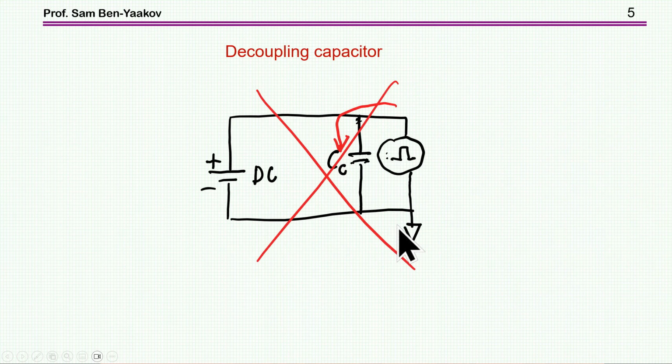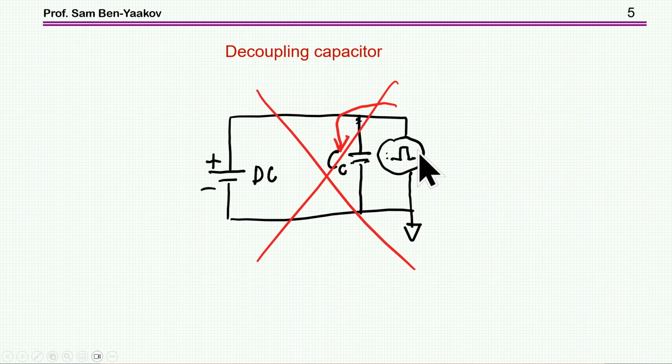This is wrong. The reason is that in this presentation, when you have a DC source, a capacitor will not help anything, because the internal resistance of a source, a DC source, a battery for that matter, or even a power supply with a large capacitor at the output, the impedance here is very low.